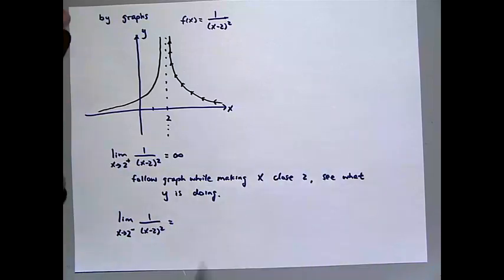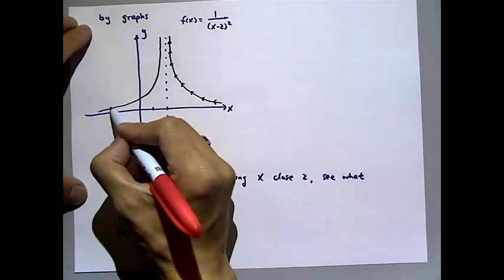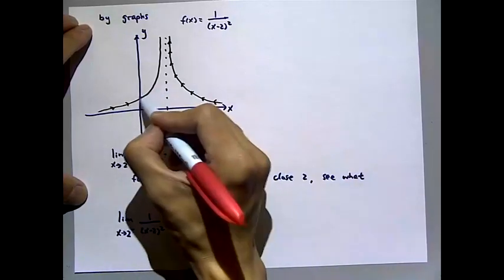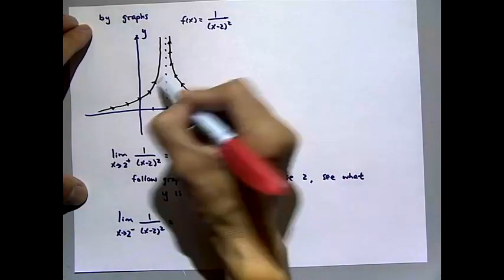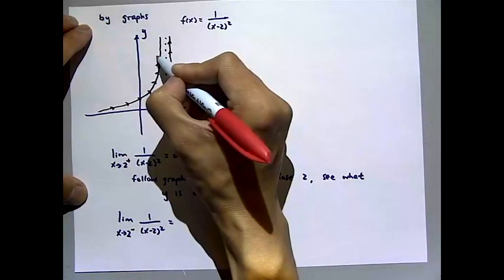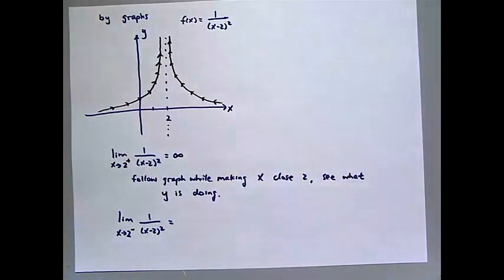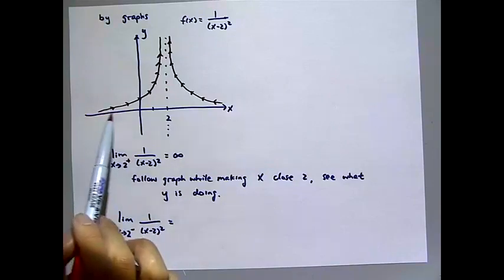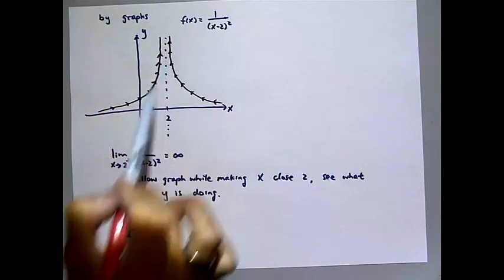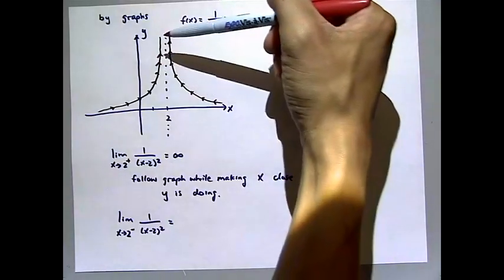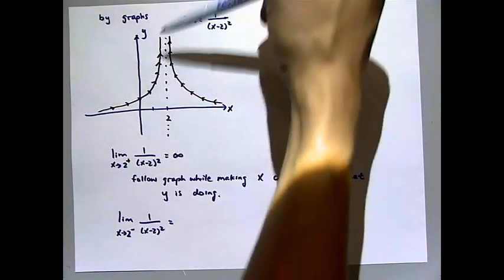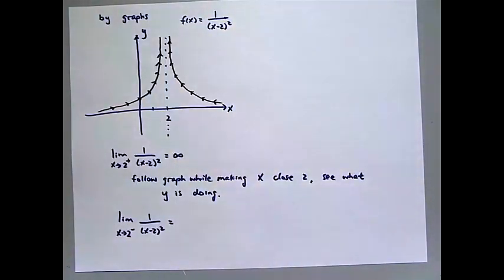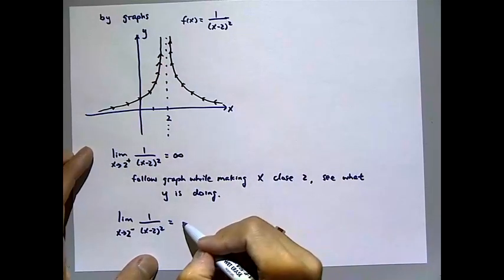This time I will walk close to 2 by following the left branch. I'm constrained to walk on this path right here. The only thing I have control over is how close to 2 I want x to be. And I can make x as close to 2 as I want to, following the path. If I do that, the y value gets carried toward infinity, as we can see here.